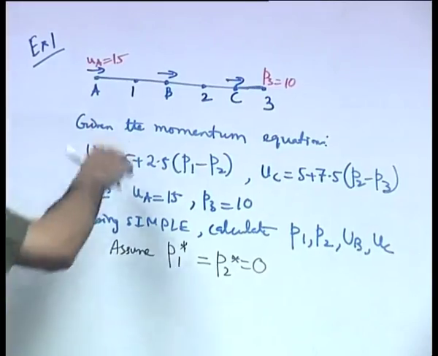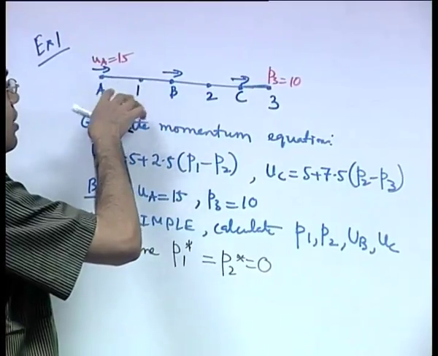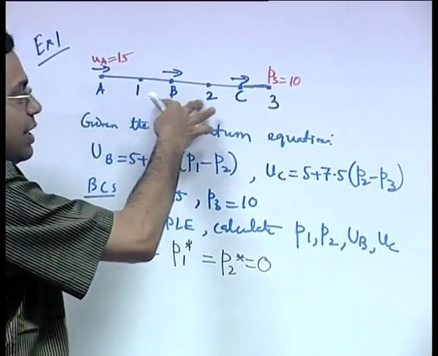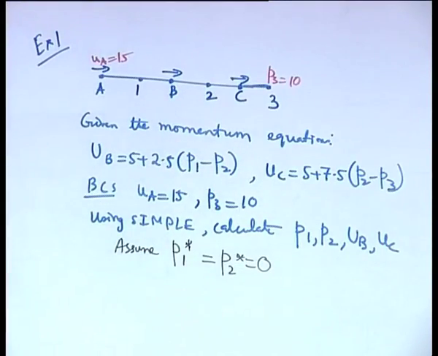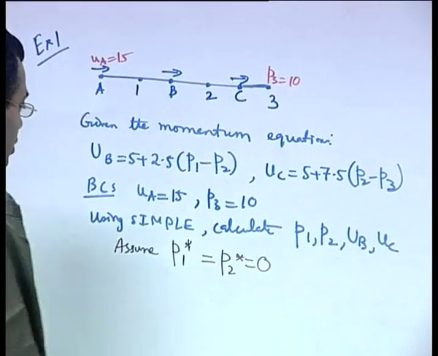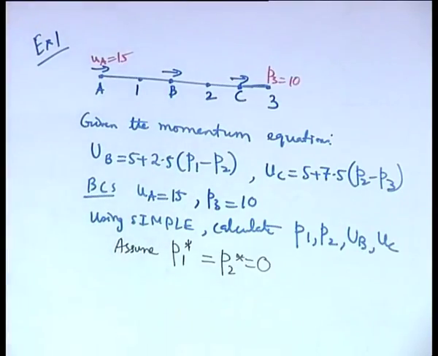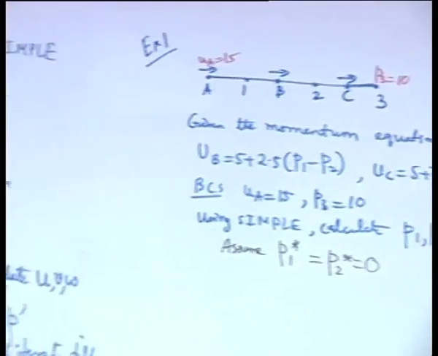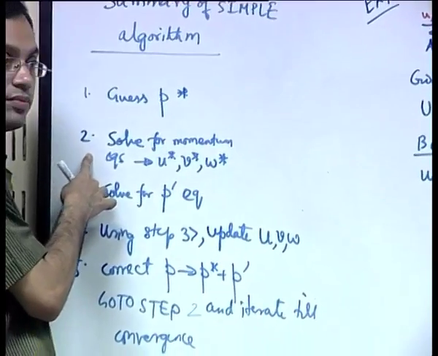If you have a pressure gradient driven flow here, then you do not expect these two pressures to be equal, but let us just see how the algorithm behaves with this. So, when you have this, the next step will be to solve the momentum equations to get U star, V star and W star.